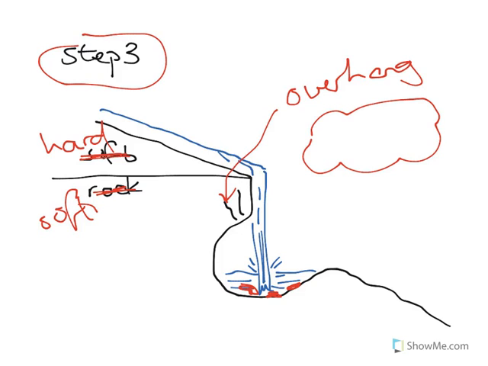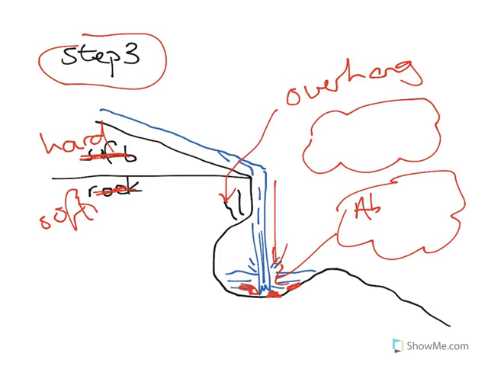Second thing is we now have a huge amount of energy of water crashing down off our vertical drop. So our next label is down here. We're going to have a high rate of abrasion happening.